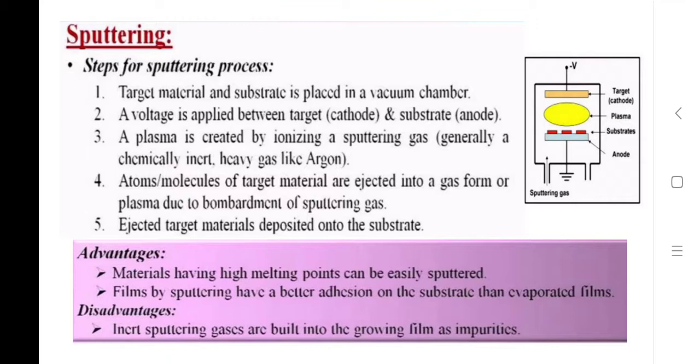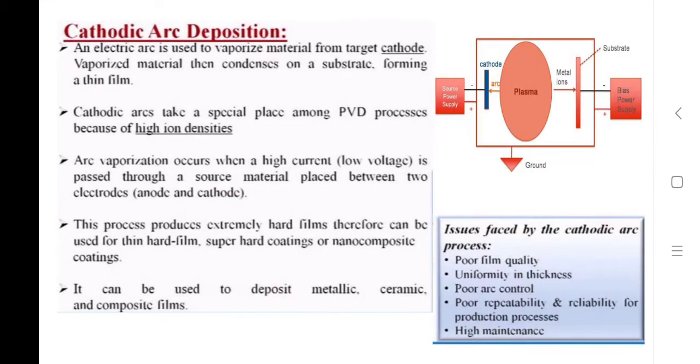Now we'll go for the next technique, that is cathodic arc deposition. We are going to discuss this method. First we have to know what the cathodic arc deposition method is.